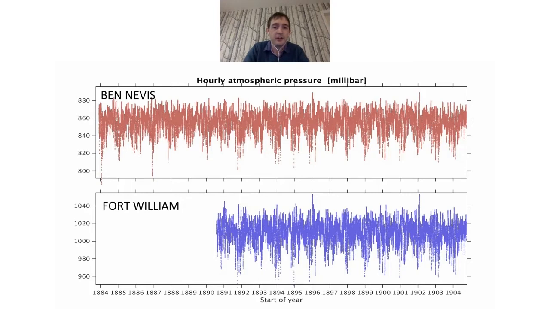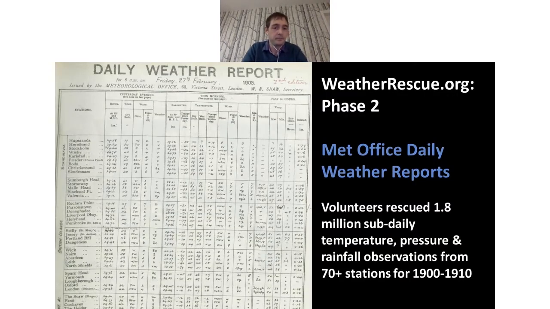And so we turned to another source of data, which is known as the Daily Weather Report. These are the observations that were telegraphed from around the country to the Met Office every day. These are the original handwritten records from the UK, but also from other places such as Scandinavia and France and Germany and Spain.